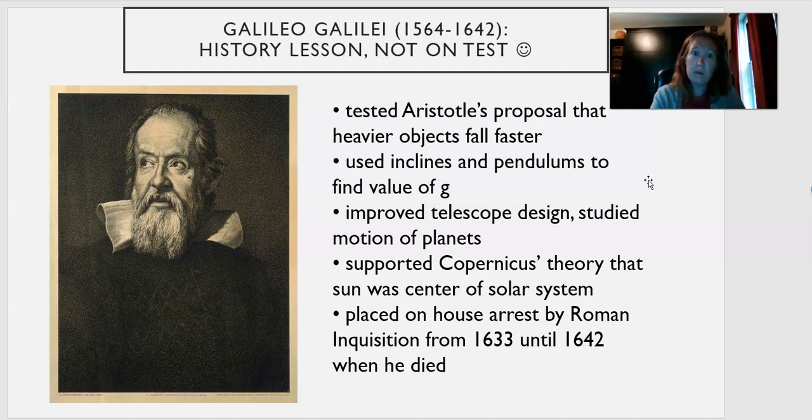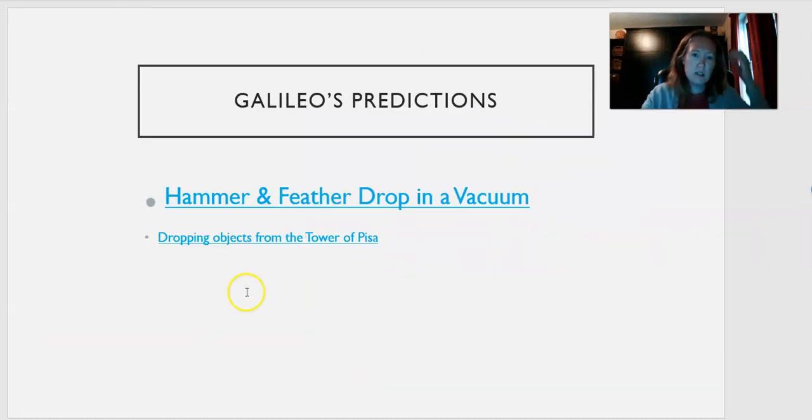And then he's more famous for trying to back up Copernicus, and that's what he got in trouble with the Catholic Church about. He was not killed for that, though. He supposedly dropped objects off of the Leaning Tower of Pisa to try to prove that, but he also used ramps and other techniques to try to show experimental evidence for his hypotheses. He had no stopwatch, right? So super interesting.